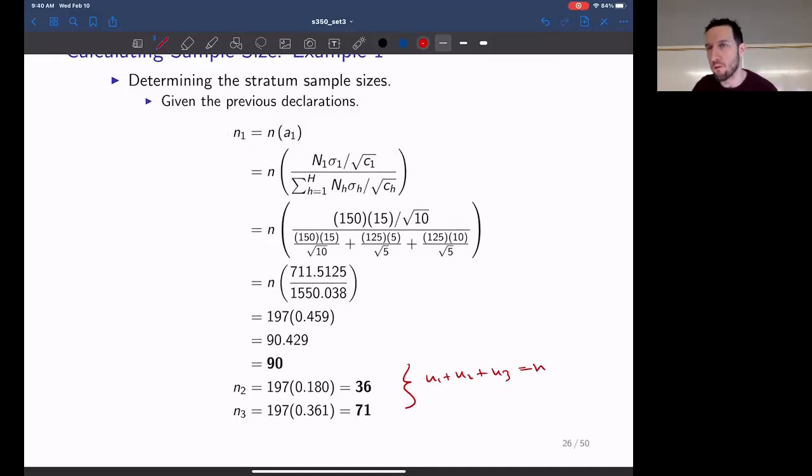So we only need to round up for the overall sample size. Once we have the overall sample size, we'll achieve our bound for the experiment. And then within each of the strata, we simply have to round as we usually would so that we obtain whole numbers that add to the total. It wouldn't make sense to have n1, n2, n3 that don't add to little n.